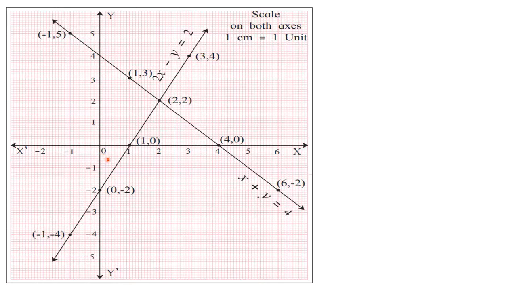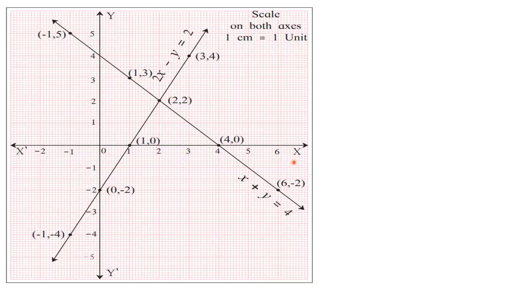Now if the point lies on the x-axis, like you can see the 2 points here, then its y coordinate is always 0. And when the point lies on the y-axis, its x coordinate is 0. So the coordinate of a point on the x-axis is always in the form a comma 0, where a can be any number.